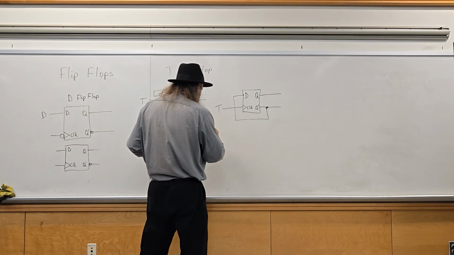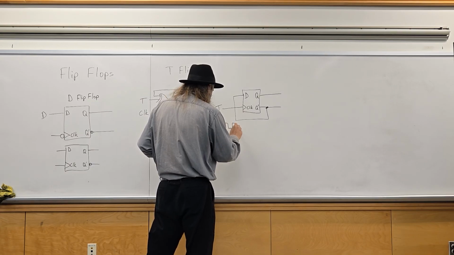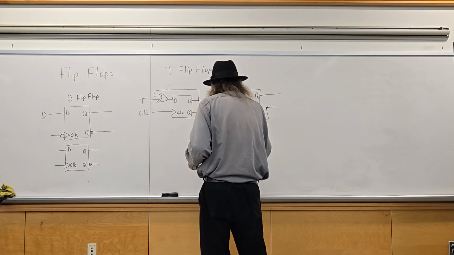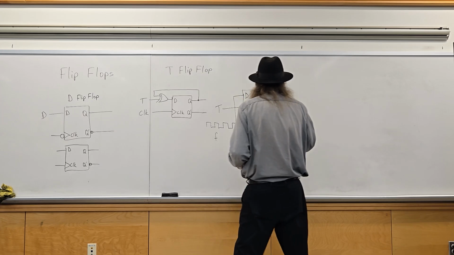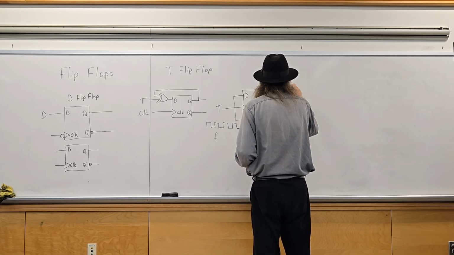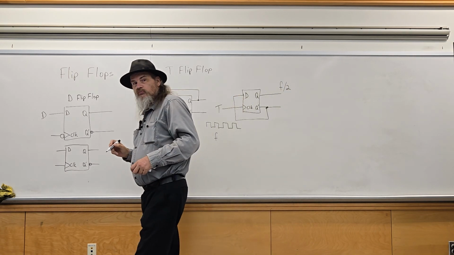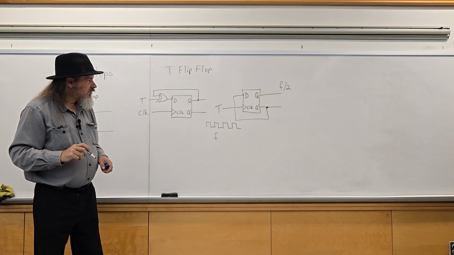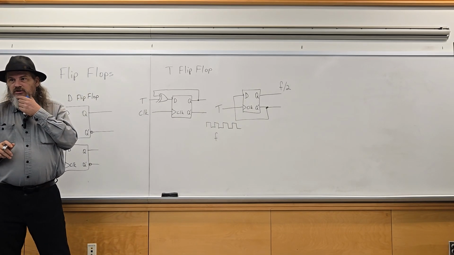If you have a clock signal coming into T, say with frequency F, your output signal will be F divided by 2. So you can use this as a clock divider.